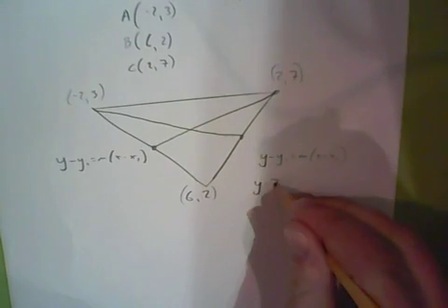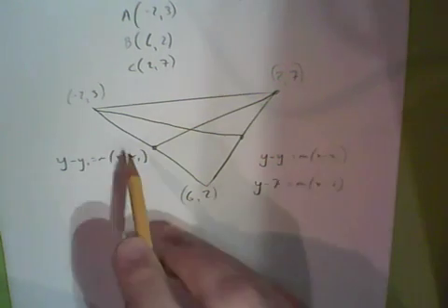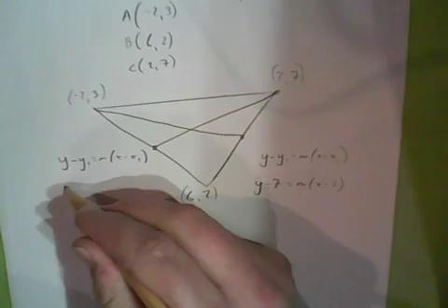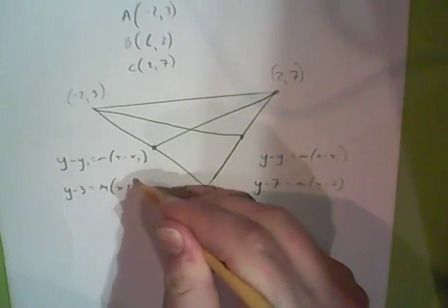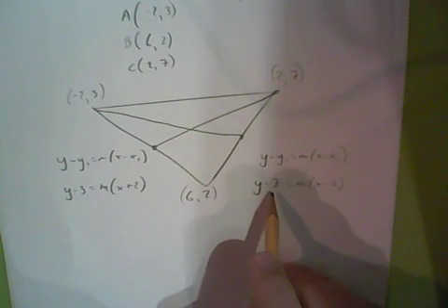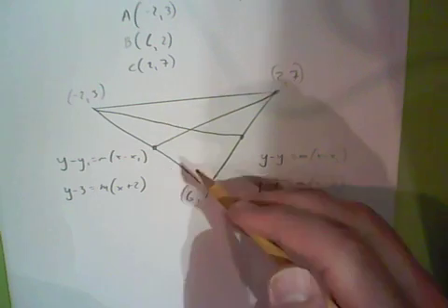So y minus 7 is equal to m times x minus 2. And then for this one, I'll just use this point to plug in for this line. So y minus 3 is equal to m times x plus 2. So now on both of these, the only thing I need is the slopes. So for this one, I just have to find the coordinates of the midpoint.